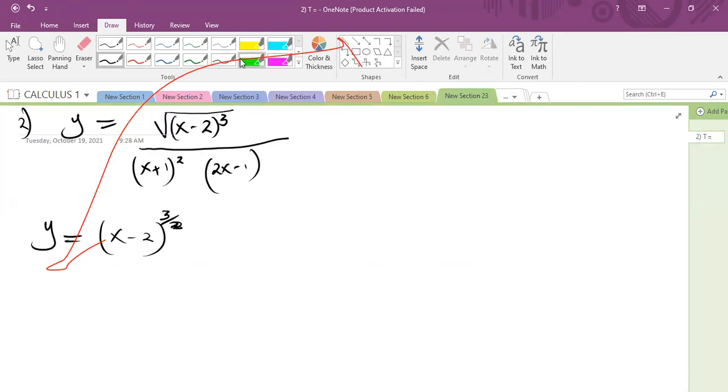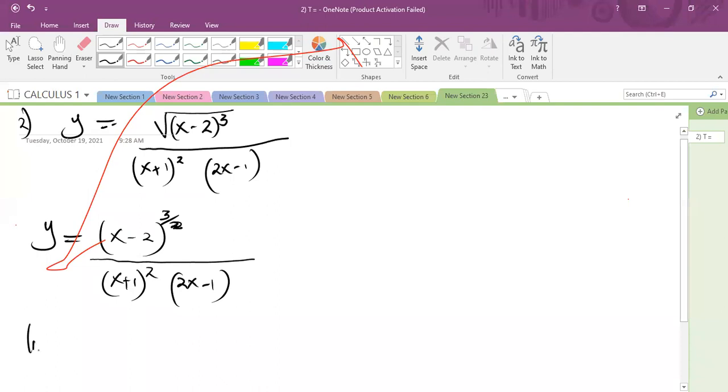I don't know where that line has come from. Is it erasable? I'm not able to erase it. Okay, fine, 3 over 2. And then this right here, I can write it as (x + 1) squared (2x - 1).